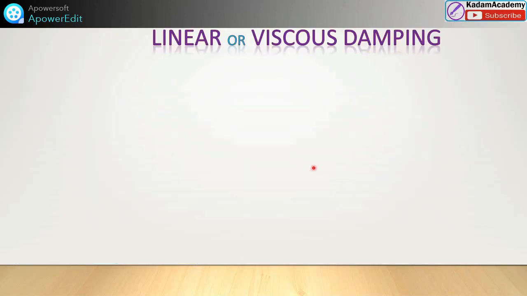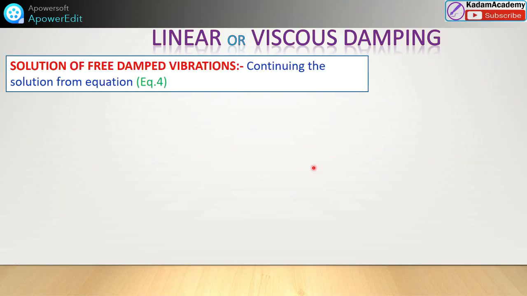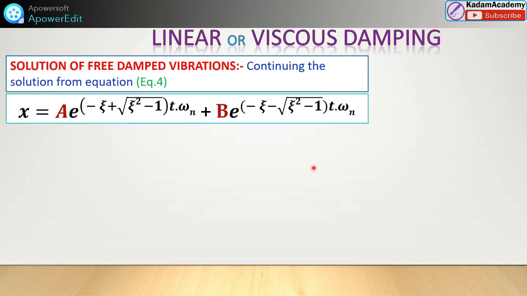Now we will go for the linear viscous damping. Already we have studied the solution for the free damped vibration, the linear viscous damping, and we derived this equation 4 in the last video.